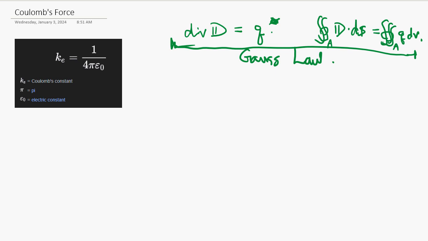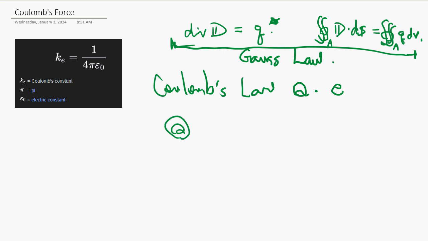It comes from a very fundamental law, which is Coulomb's law. When there is a charge, say Q, and another charge q, there is a force acting. So you have Q, and you have q.